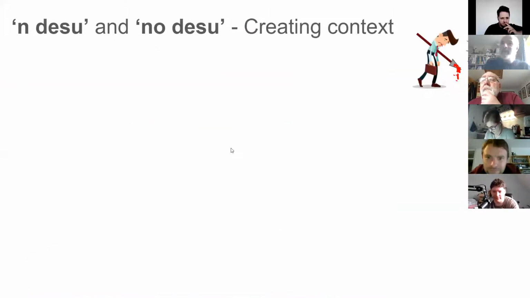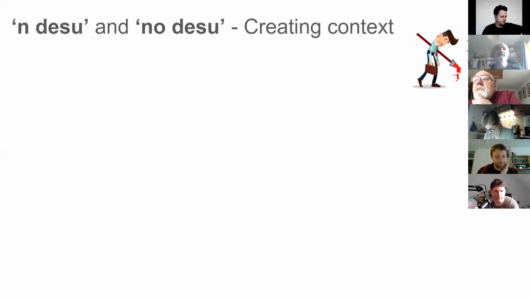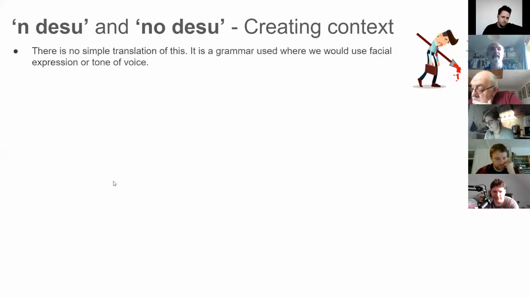Unders and orders, hooray, we got here at last. At least I found the time to actually do some research on this and then create a slide. So this is used for creating context in lots of different ways. There isn't really an easy way of saying what this means in English.